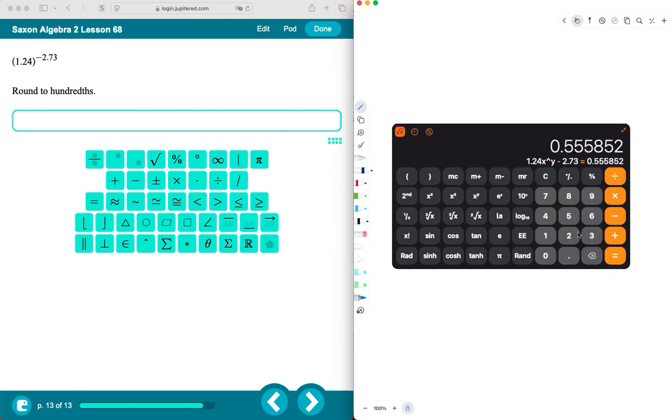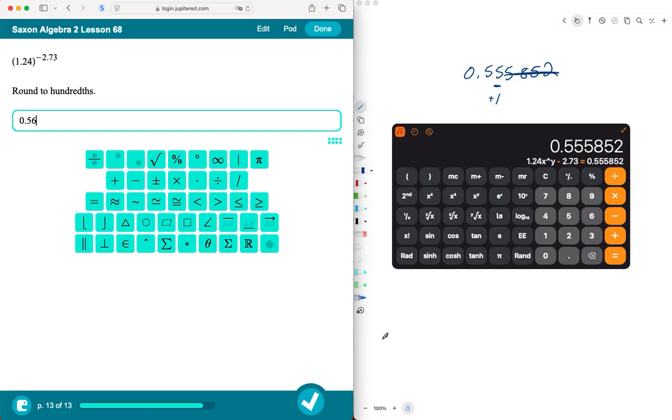Hit the equal sign, and it's 0.555852, rounding it to the hundredths right here. This is a 5. It's more than 4, so that means I can get rid of this and add 1 here. So that's going to be 0.56. And that's correct. And that's the last one.